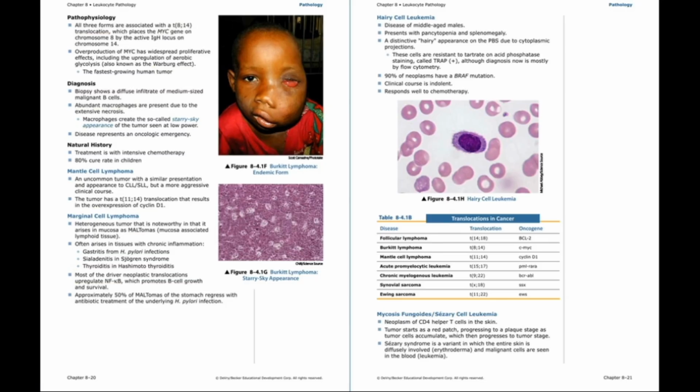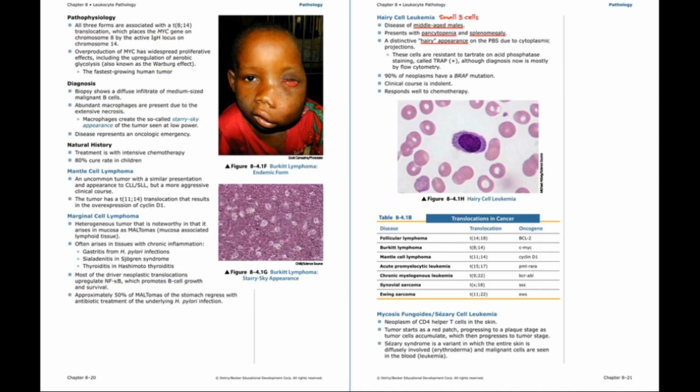Hairy cell leukemia is a neoplasm of small B cells and typically presents in middle-aged males with pancytopenia and splenomegaly. On peripheral blood smear, these cells have a very characteristic, quote, hairy, end quote, appearance due to the cytoplasmic projections.